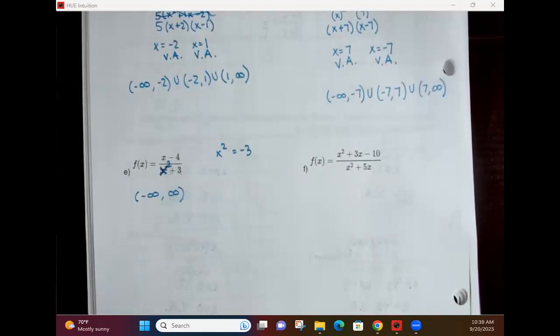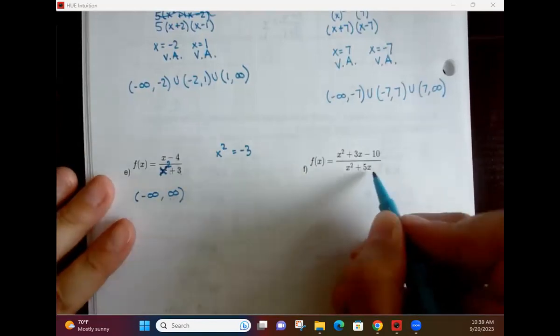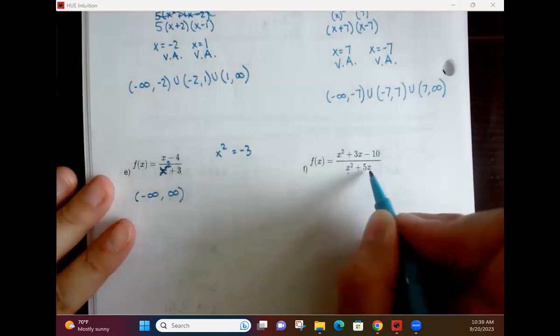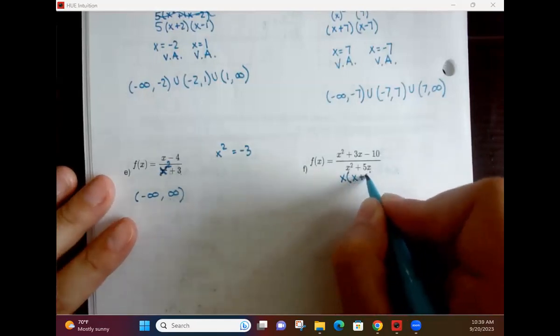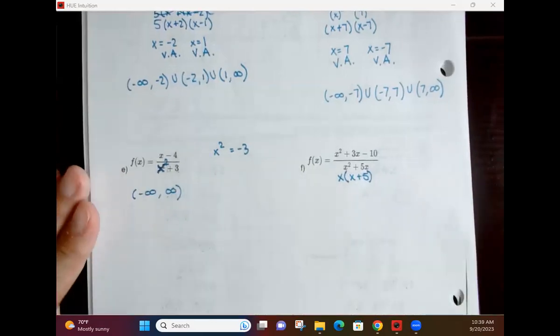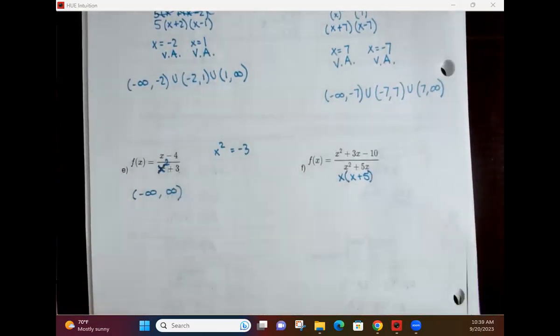And then F. If I factor the bottom, I have a GCF of X. I'm going to start by pulling out my GCF of X. When I do that, I no longer have X squared. I'm down to just what we call linear factors, X to the power of 1. So I don't have anything else I need to do to factor here. What are the values that I need to exclude? Anything X cannot be, or it would make my function undefined.